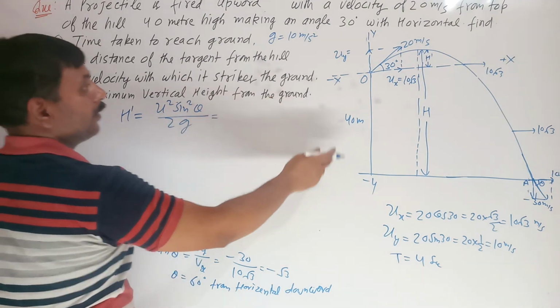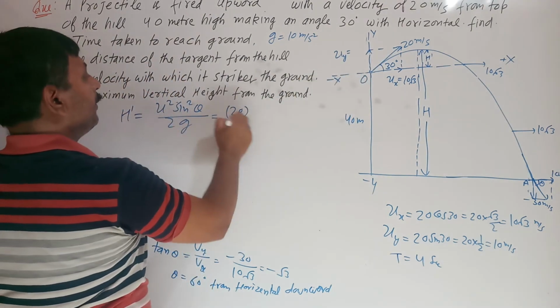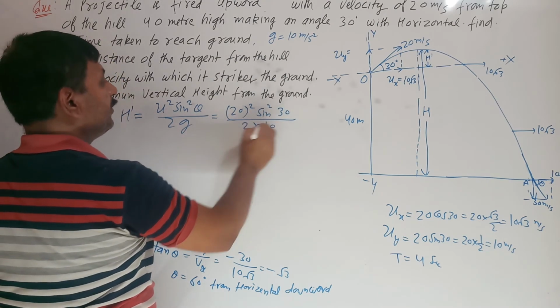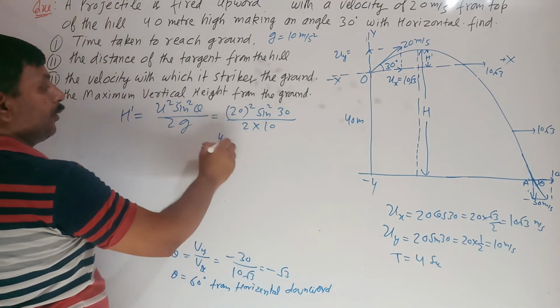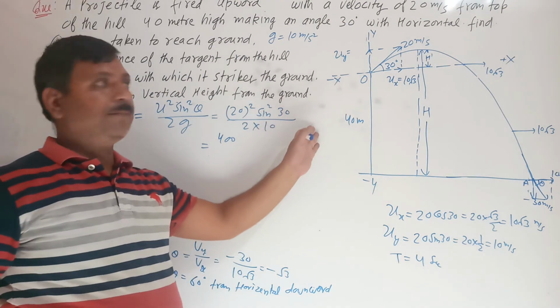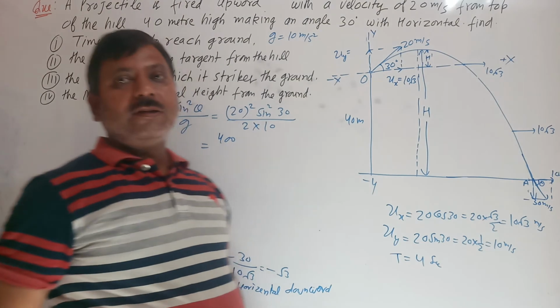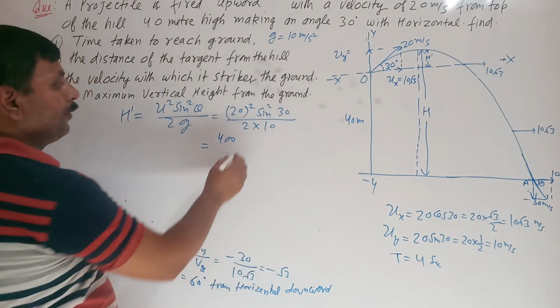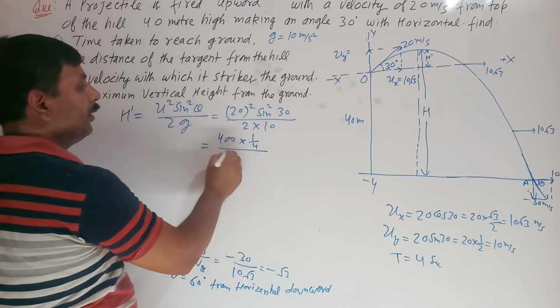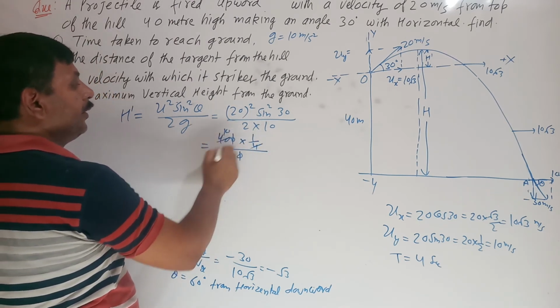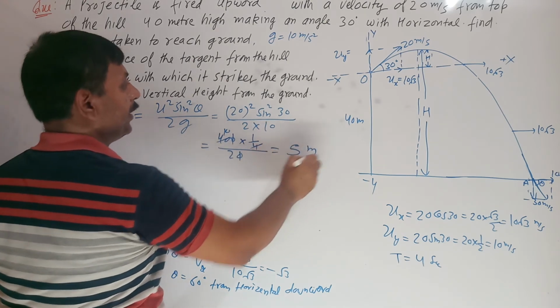So u is 20, sin square 30 upon 2g, g is 10: 20 square is 400, sin 30 is 1 by 2, the square is 1 by 4, upon 20, that will be 5 meter.